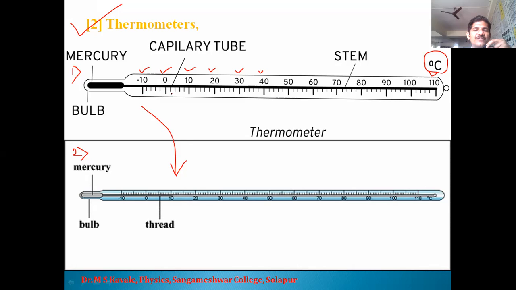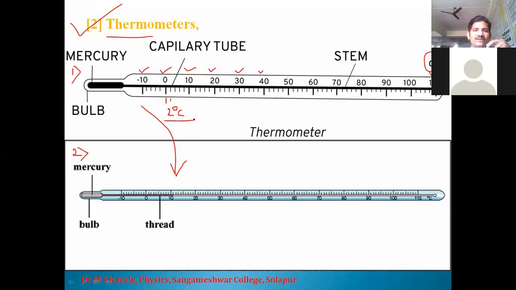And the value of 0 to its first subdivision is 2 degree Celsius. So least count of this thermometer is 2 degrees Celsius, which is the smallest possible measurement of temperature using this thermometer.